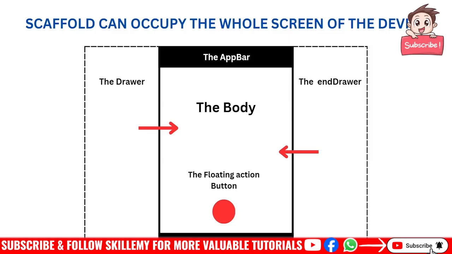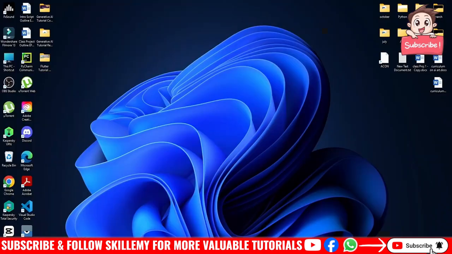So the menu that you have on the left-hand side of your phone is basically known as the drawer, and all the pop-up menu options which pop up from the right-hand side are known as the end drawer. Okay, so that's about it. You can also add some other things as well, but these are all the important things which we have to include inside our scaffold or inside our screen.